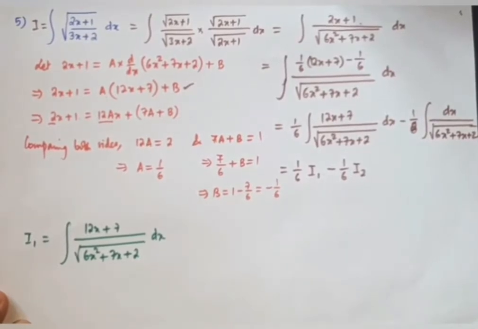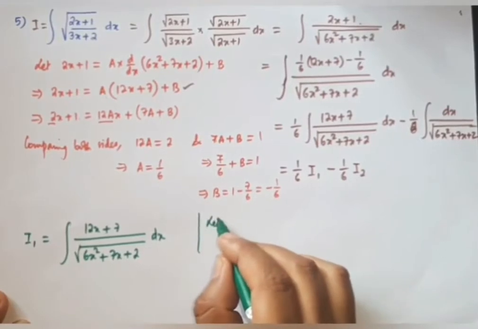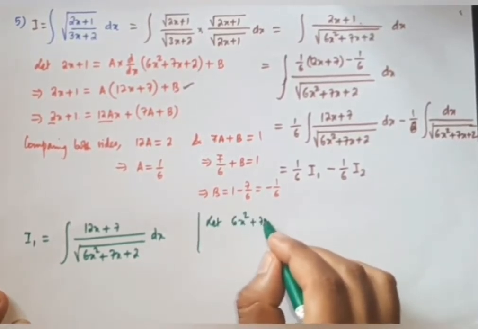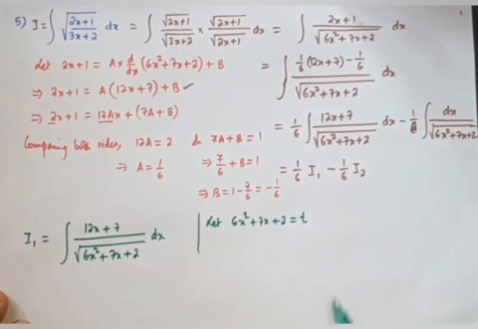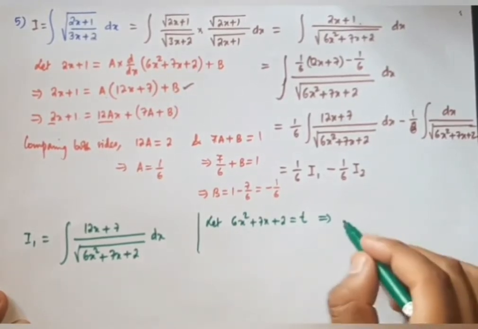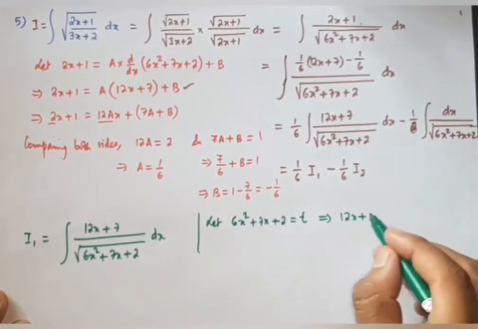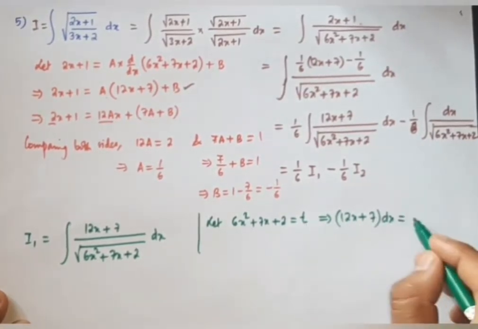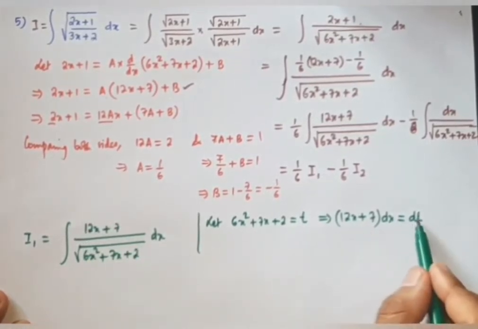Now here I'll make some substitution. The substitution that I'm going to make here is, let the denominator, that is 6x squared plus 7x plus 2, equal t. Okay, so after differentiating, what will I get? Differentiation of 6x squared will be 12x, plus differentiation of 7x will be 7, and we'll have dx equal to how much? dt. So instead of this and this, I'm writing dt now.